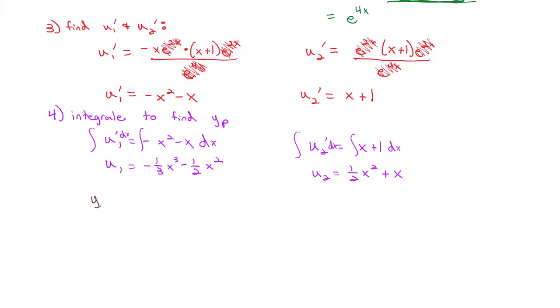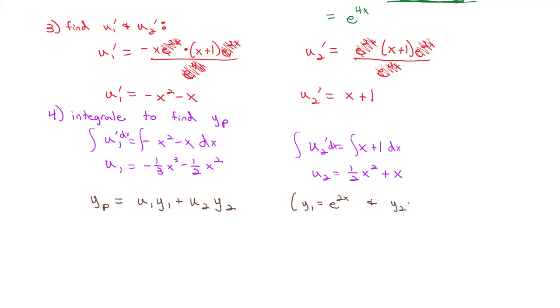Put those together to get y particular. Y particular is equal to, I'll actually copy the formula here just because it's off my screen. The formula was u1 y1 plus u2 y2. And if you remember, it's off my screen, but my first solution for y was e to the 2x.